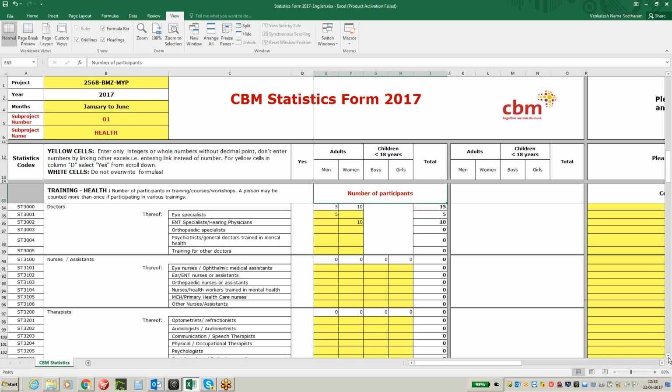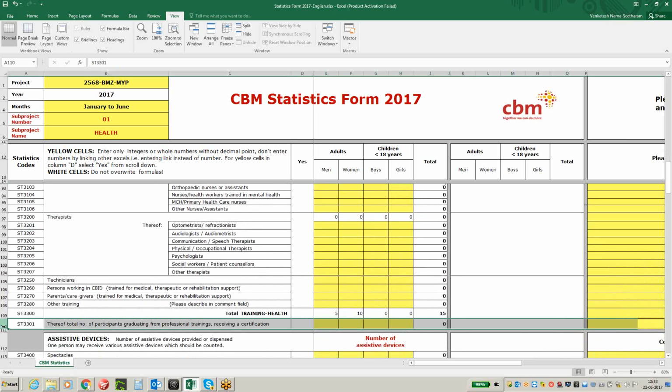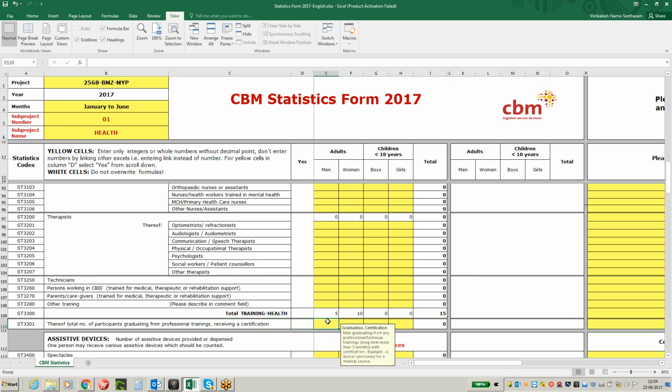For that one, we just have the final line here. For example, if you see 110, I think that's how I identify. Say, for example, there are 5 total men and 10 total in the health training. This one will show thereof the total number of participants graduating from professional trainings or receiving a certification. So if the medical doctor is receiving the certification in that period of report, for example in March 2017, then we'll just put a 1.